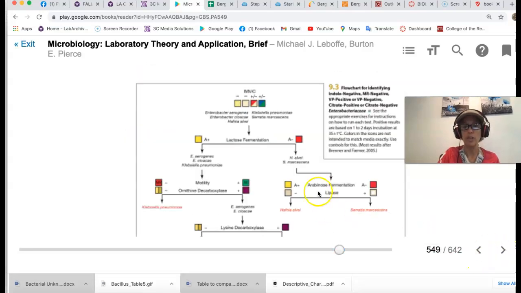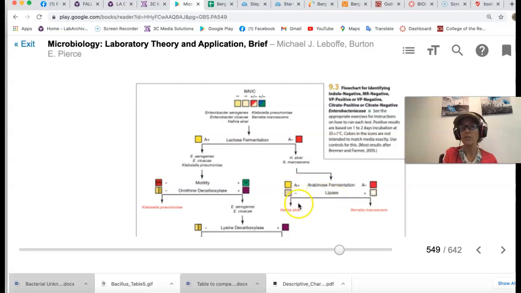And once you get to your next table, then it tells you things like lactose fermentation. You would look at your descriptive chart. Depending on if you were positive or negative, you follow that direction. Let's say you were negative for lactose fermentation. Then it says arabinose. We didn't do that, so you have to skip it, but there is another test. We did do lipase.